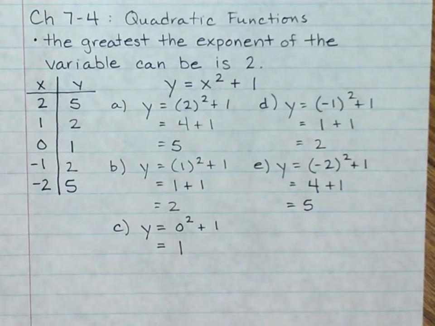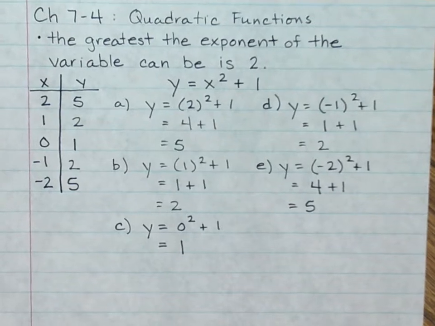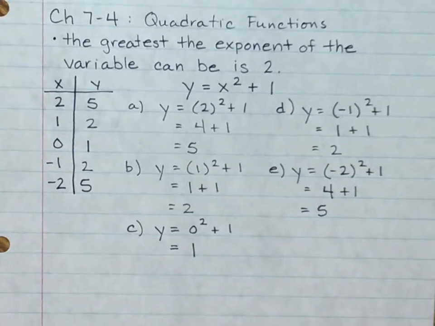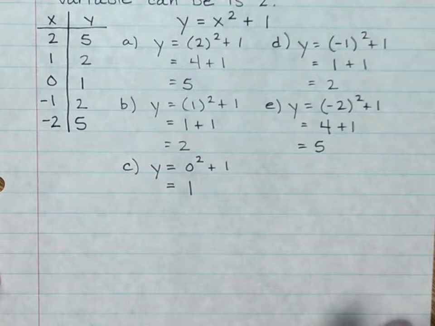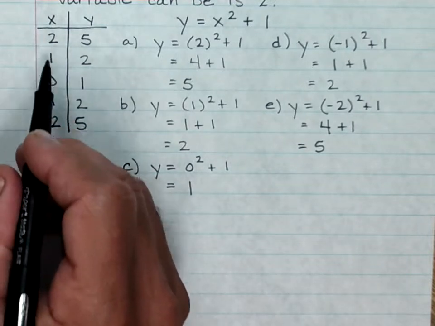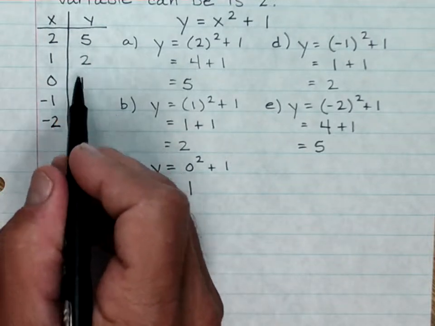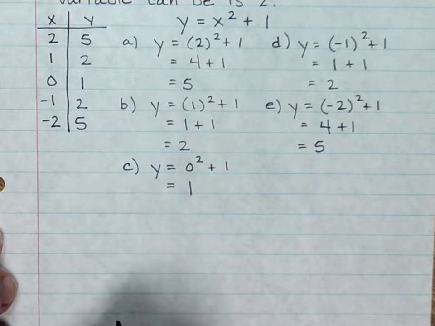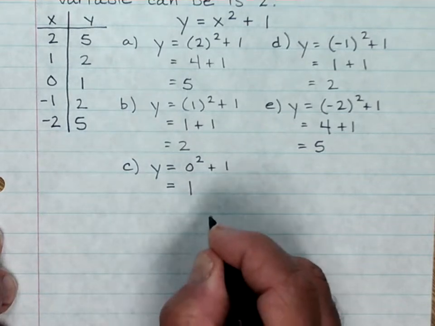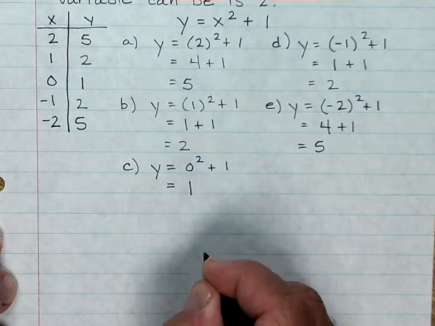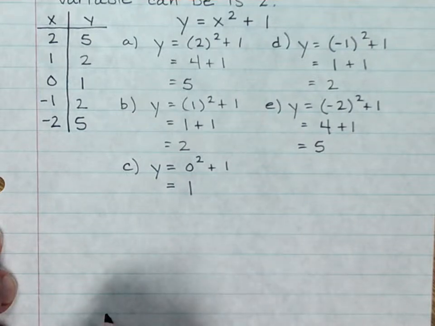So hopefully you notice that each x we've solved was different, but pay attention to the y's. We have some repeats. So now let's graph this as well as we can. So our x's are 2 to negative 2, and our y's are from 5 to 5. So let's see. Our y's 5, 4, 3, 2, 1, 0.